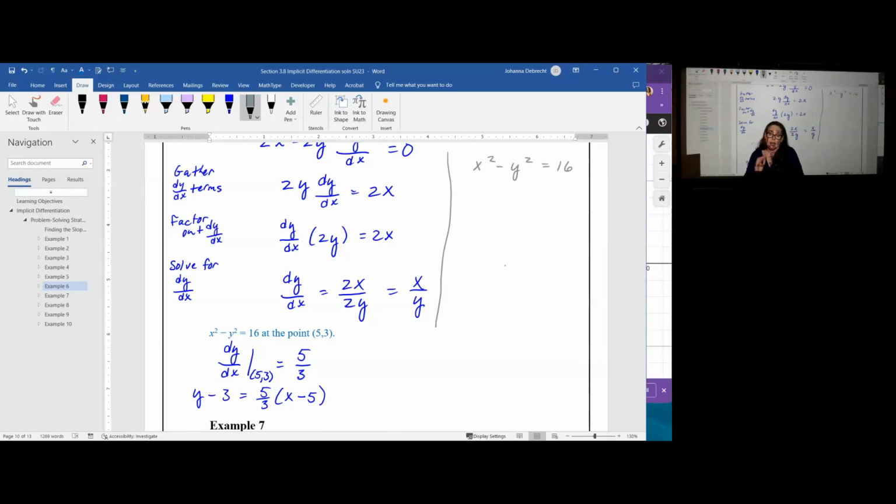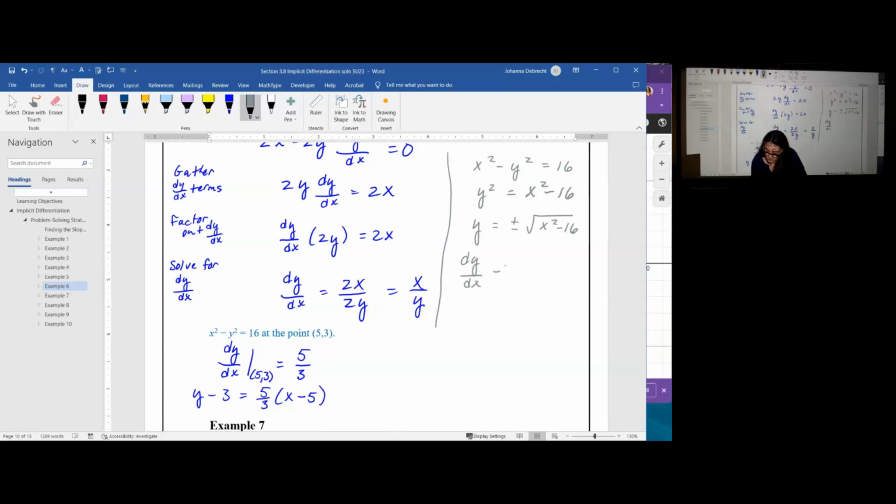In this case, I will move the 16 and the y squared to get y squared equals x squared minus 16. Then I have to take plus or minus the square root, giving me x squared minus 16 under the radical. Now, in order to find dy dx, I take the derivative.